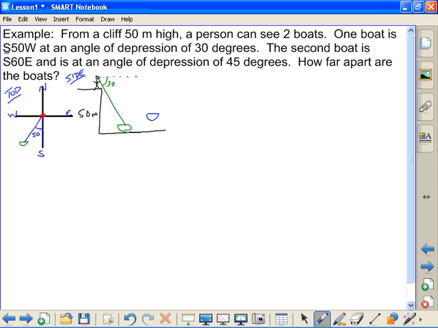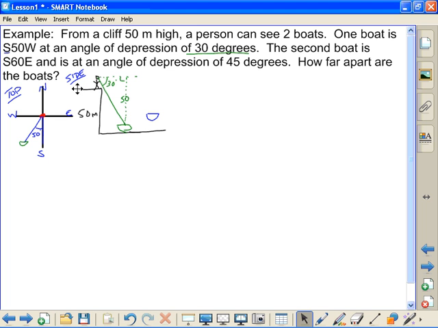So there's my 30 degrees. And I can create a right angle triangle from this by either going up that way, or I could have went down as well, create my right triangle, and I know that this is 50 meters because that's the height of the cliff. So that's the first piece of information all taken care of.